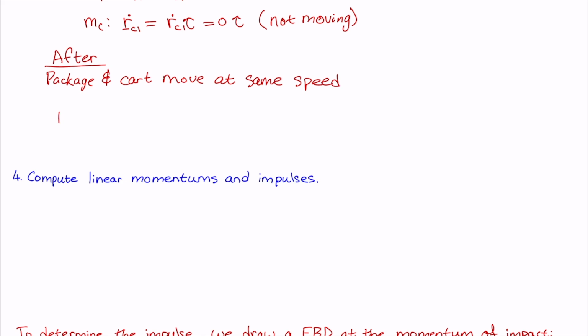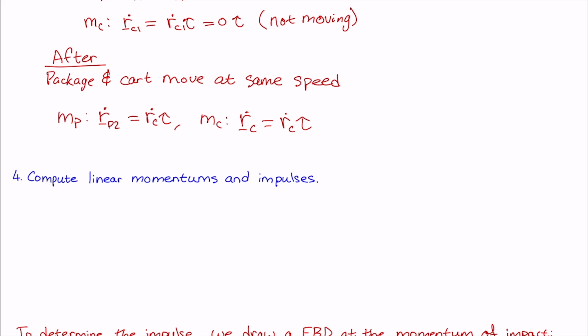So what this implies here is that for our package, RP2 dot is equal to RC dot in the I direction. And for the cart, MC, we're going to get here that RC dot is also equal to RC dot in the I direction. And we don't know what that is yet.